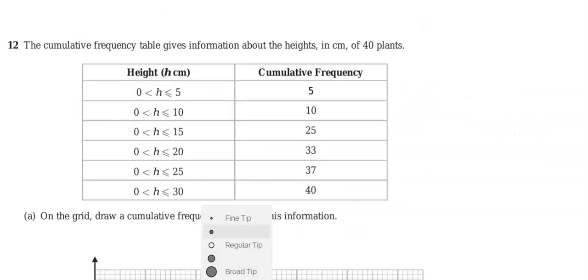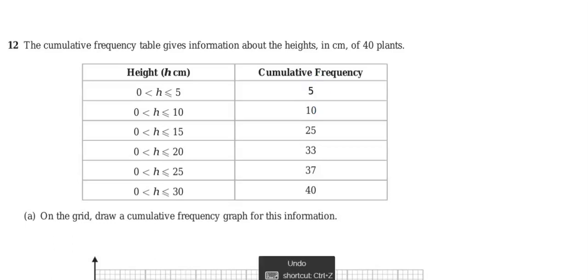And now this is for a cumulative frequency diagram. So in this, we've got the heights of these plants, so 5 of them are between 0 and 5, 10 of them are between 0 and 10. So those 10 here, they include the 5 we've just mentioned, plus 5 more that are between 5 exclusive and 10 inclusive.